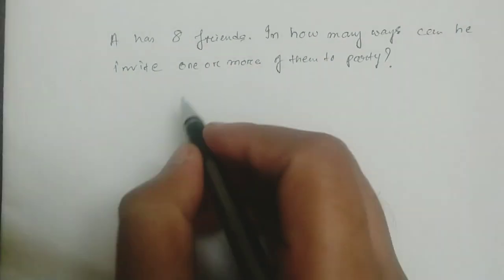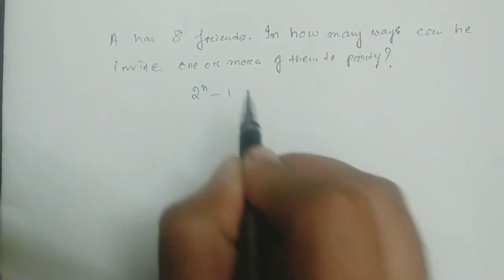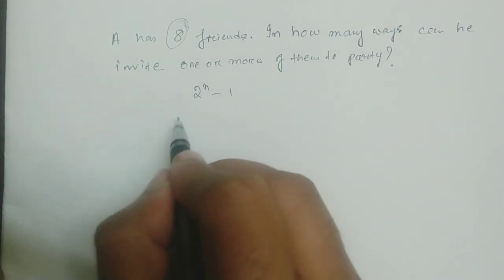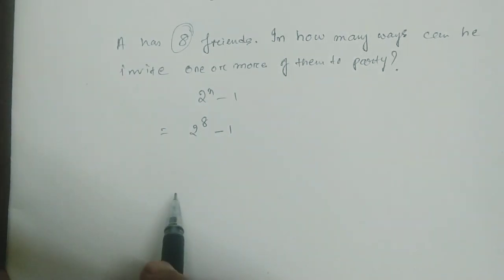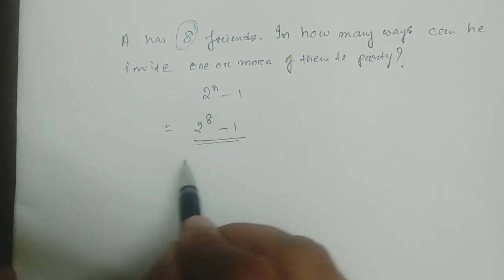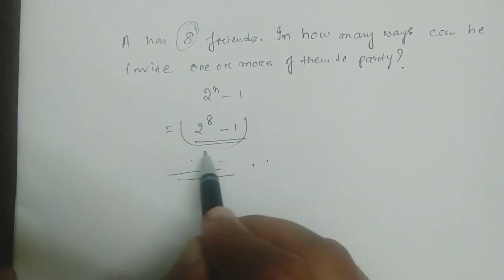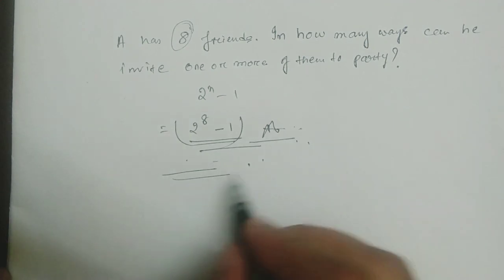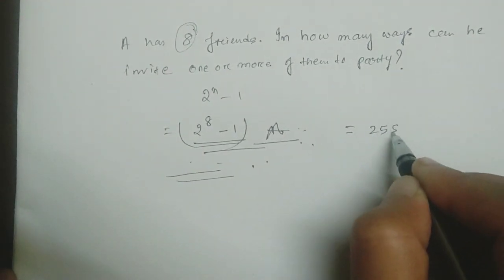Basically if we just apply the formula, it will be 2^n minus 1. n is what? n is 8. So 2 to the power 8 minus 1. If you have a calculator, expand it and write the answer. But even if you keep it this way, it is fine. The answer actually comes to 255.